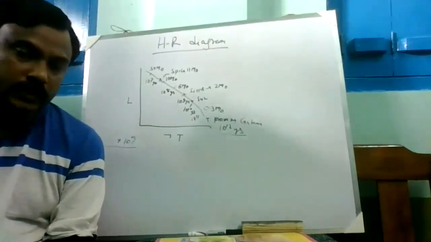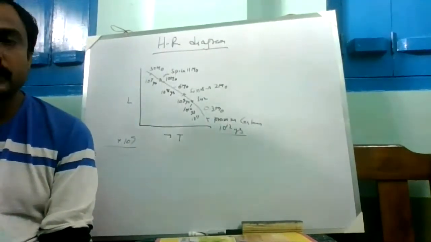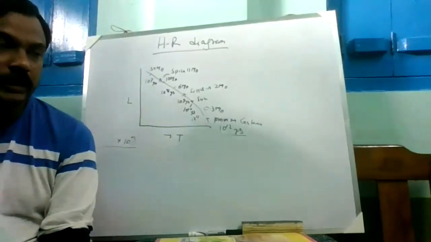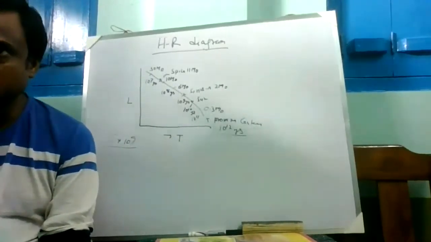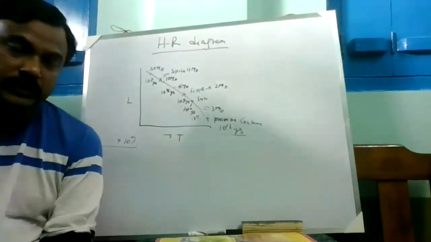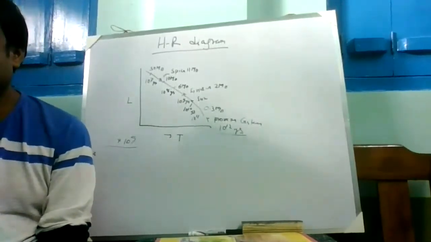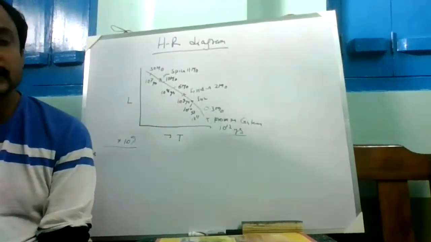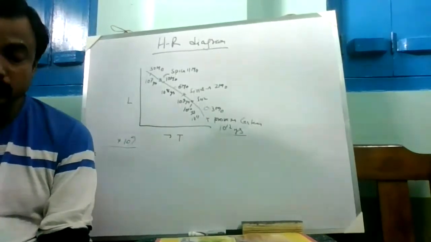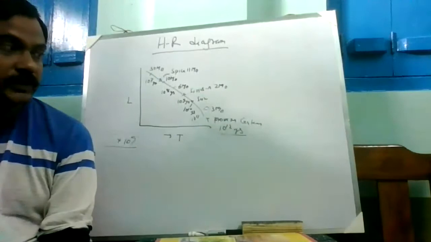Among several spectral classifications, the Harvard spectral classification is mostly used, and we have discussed this. Then after that, the Yerkes spectral classification is also discussed. That classification is based on the luminosity of the star.